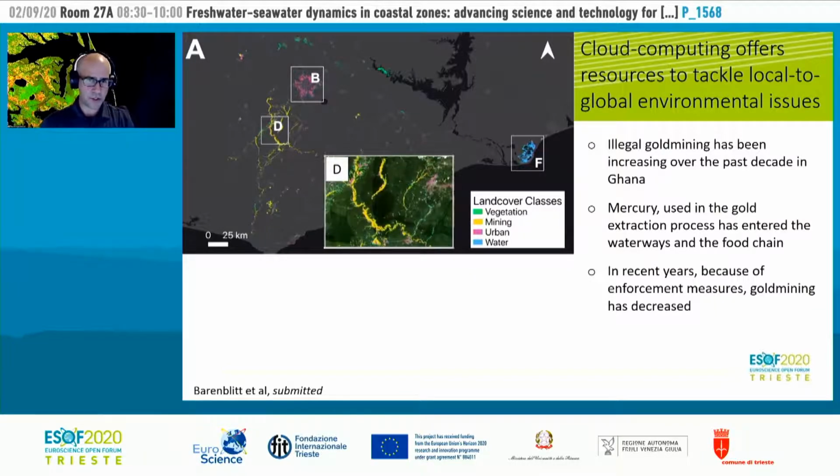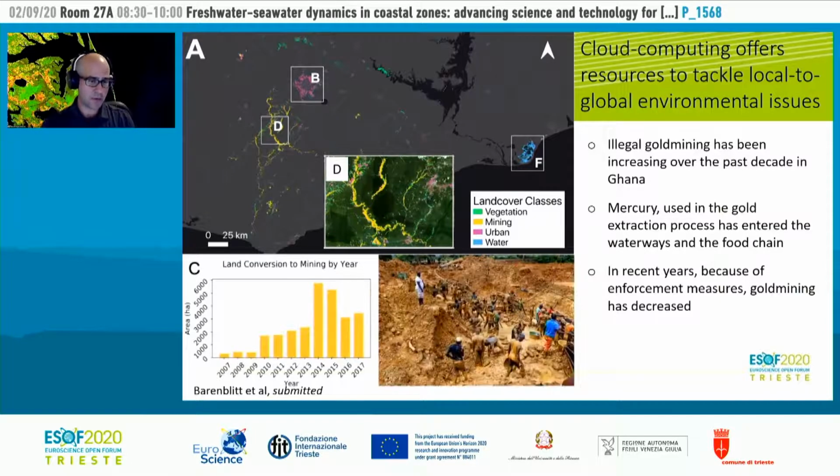And here is a zoom in on how we're able to identify these gold mining practices, but actually look at it through time. We can see that there was an increase up into 2014. And this actually tracks well with the price of gold over the last decade as well.